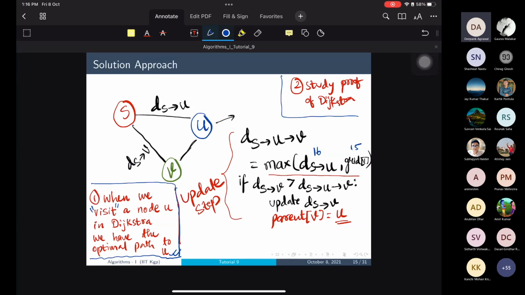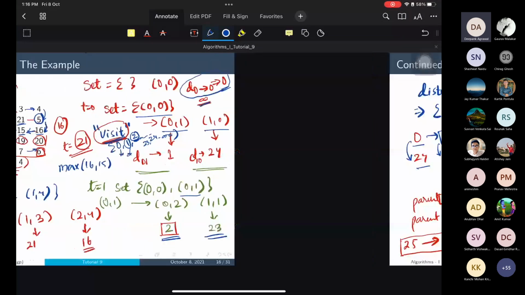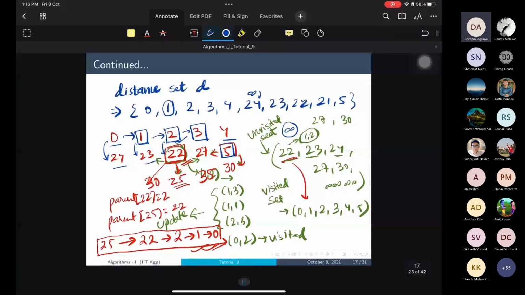Mostly you will have to think about the update step: what will be the condition and update, then write the code. If you don't understand the strong arguments in Dijkstra, it might become a bit difficult. So understand this clearly: what is the meaning of visiting a node in Dijkstra?